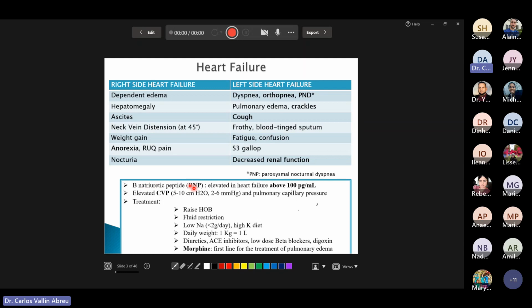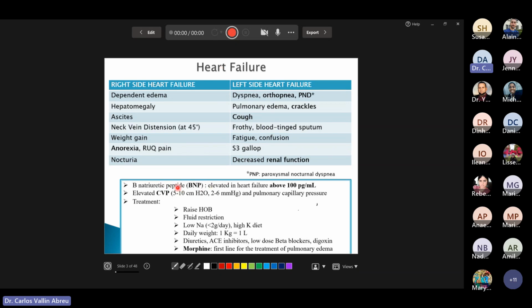It can be abbreviated BNP, and is a peptide produced by the heart when there is heart failure. You and me, who don't have heart failure, have a very low level of this peptide. But if, God forbid, any one of us develops heart failure, it will increase significantly.